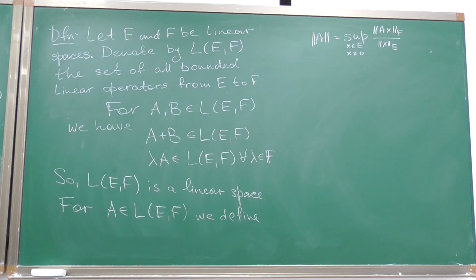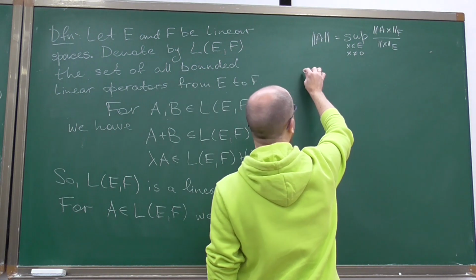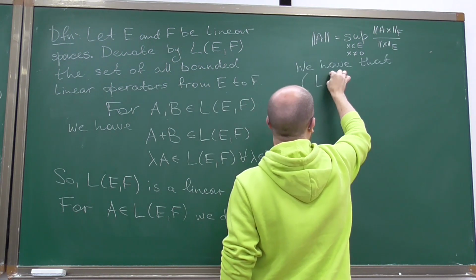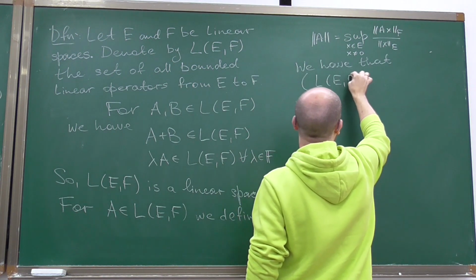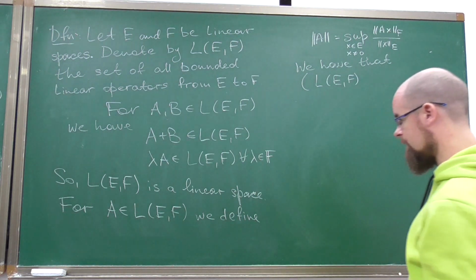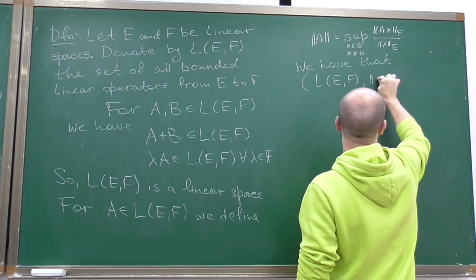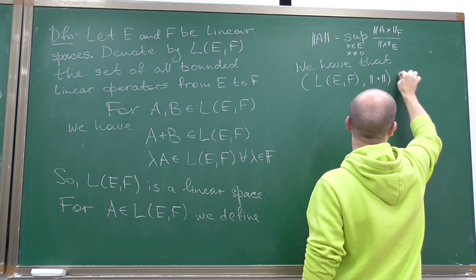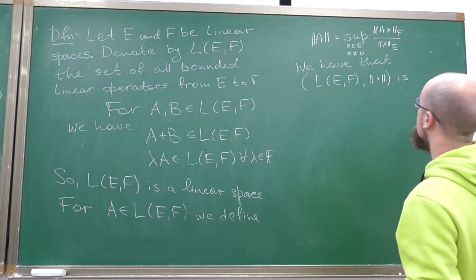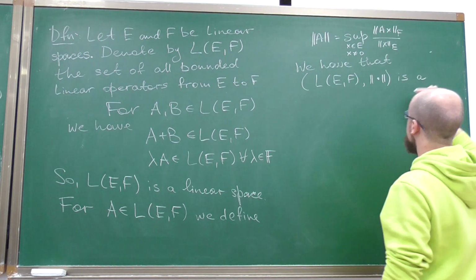It's not difficult to check that it is in fact a norm on this linear space. So let me just conclude that if we take this linear space of bounded linear operators and equip it with this norm, then it is a normed linear space.